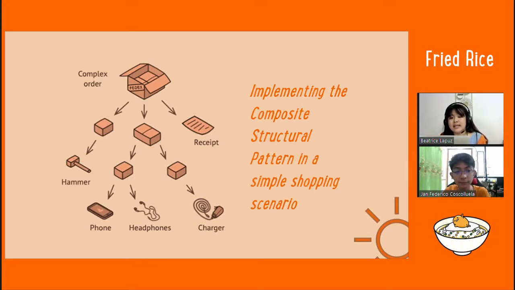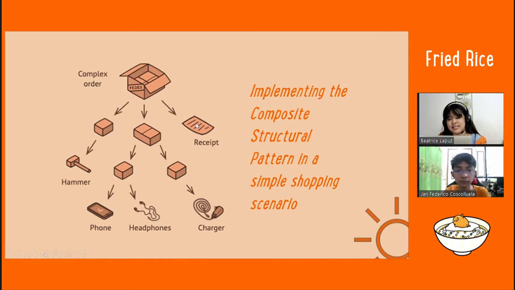So to further explain how the composite design pattern works, we're going to be showing an example of an implementation of the composite structural pattern using a simple shopping scenario. Dito sa sitwasyon na ito, ang kliyente ay nag-order sa isang online shop at meron siyang package na nagko-contain ng isang package ulit na may hammer, at isang package na may dalawa pang package sa loob na nagko-contain ng phone, headphones, at yung isa ay charger.